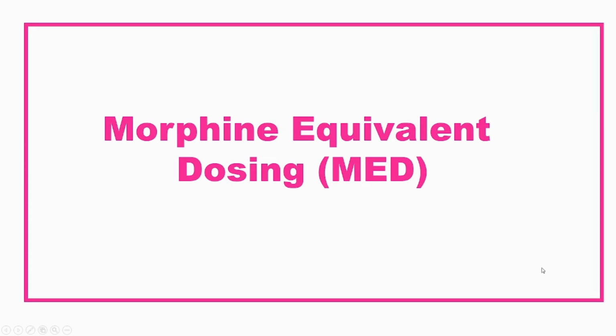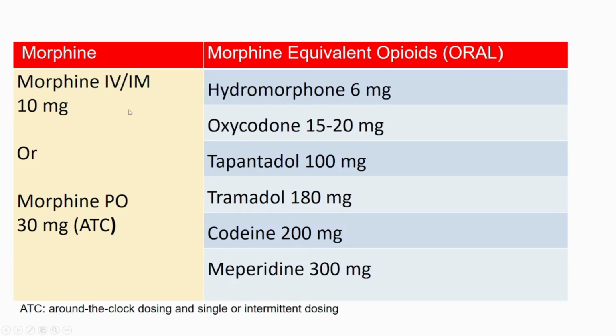There is a morphine equivalent dose. When converting from one opioid dose to another, the morphine equivalent dose method is used. So what exactly does morphine equivalent dose mean? For example, IM or IV morphine 10 milligrams or oral morphine 30 milligrams equals hydromorphone 6 milligrams.